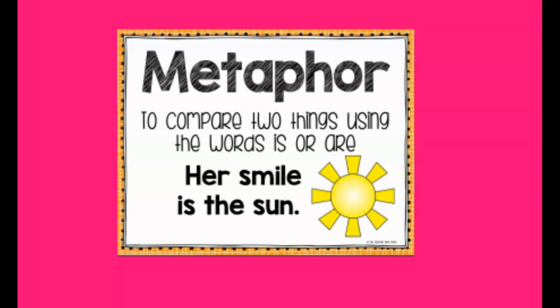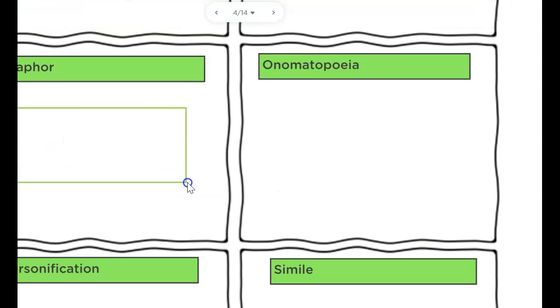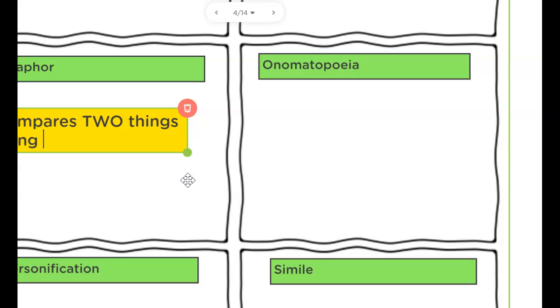Let's go ahead and write out the definitions inside our class notes. So a metaphor, we're going to write this in caps because this is the most important part. Compares two things using is, am, or are.